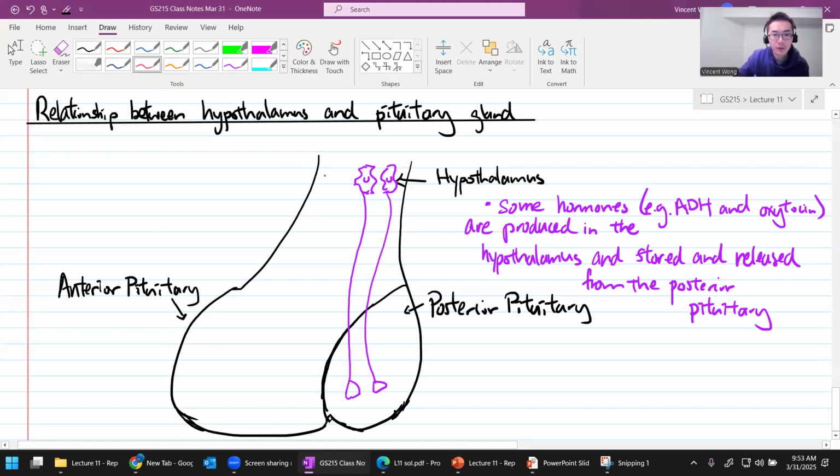Now there is another group of neurons right here in the hypothalamus, but their axons don't extend all the way to the anterior pituitary gland.